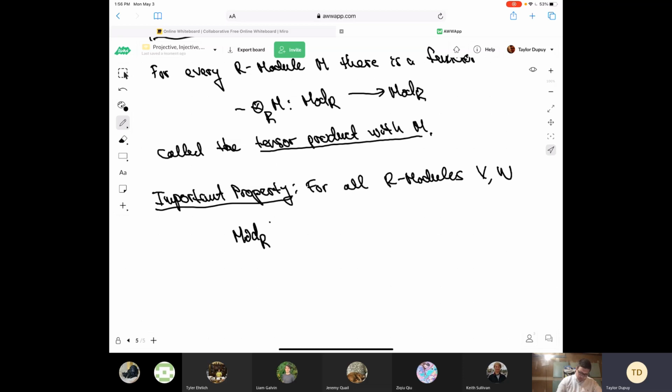So morphisms from V tensor over R with M to W are isomorphic to morphisms from V to Hom(M, W).